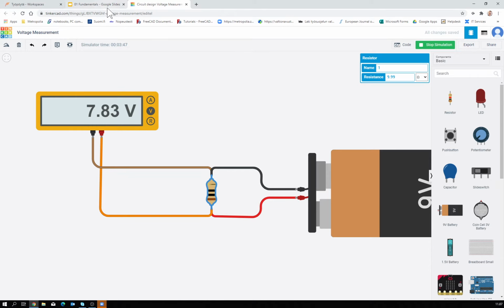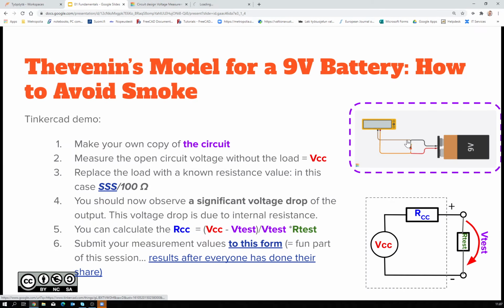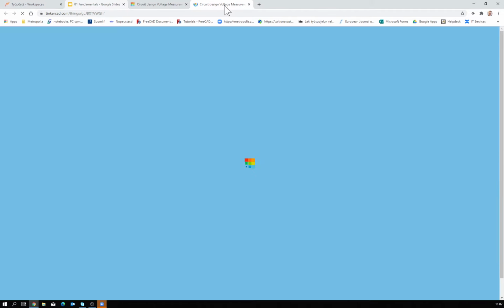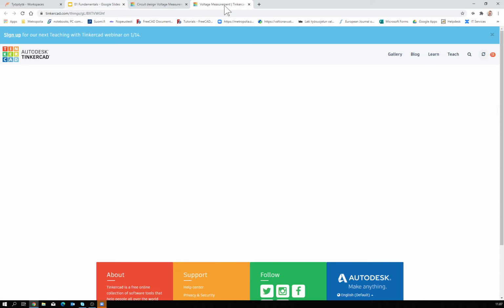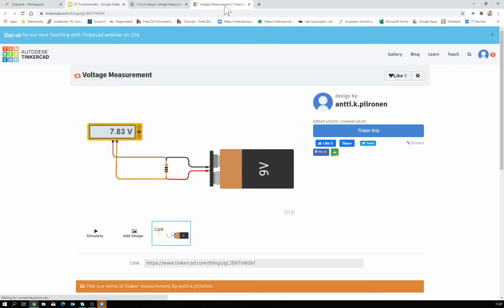When you open that link, it opens up, at least it should if you have registered on Tinkercad. Then instead of simulating it, click Tinker this.